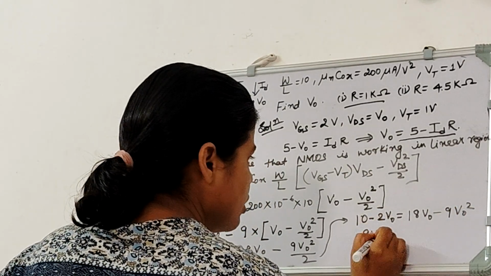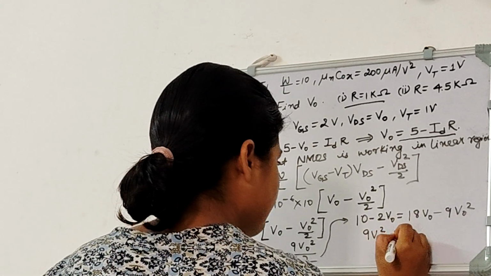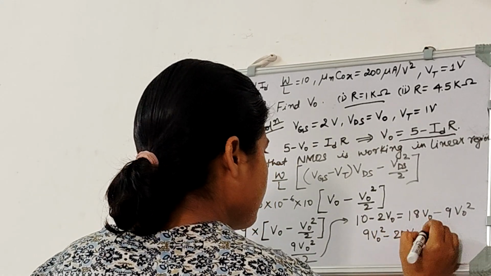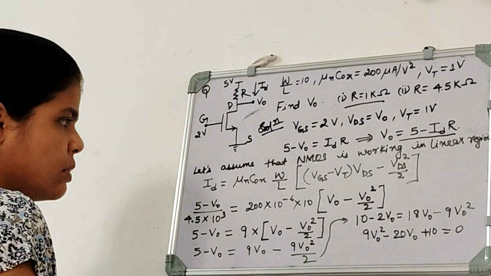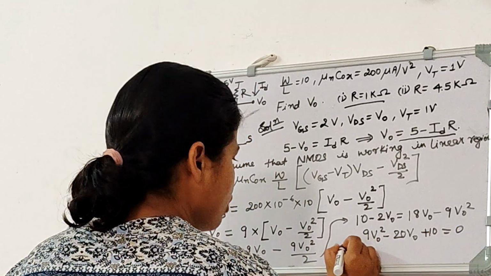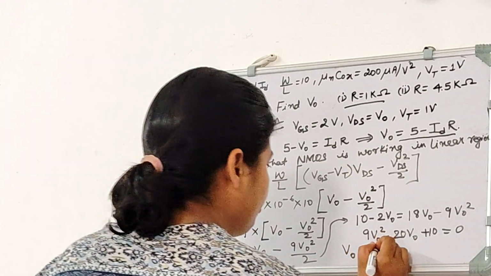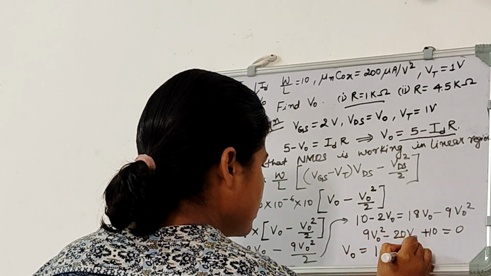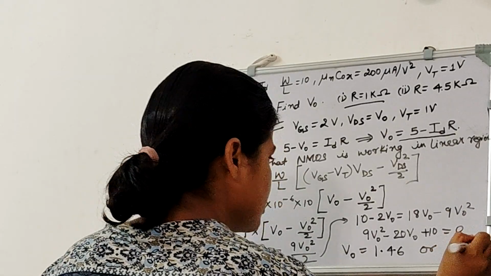So 9 V naught square minus 20 V naught plus 10 is equal to 0. So from here, if we solve for V naught using the quadratic equation, we will get one value as 1.46 and the other value will be 0.76.